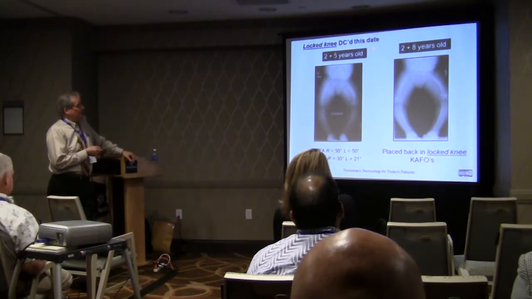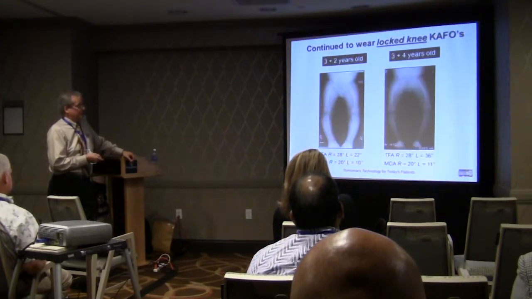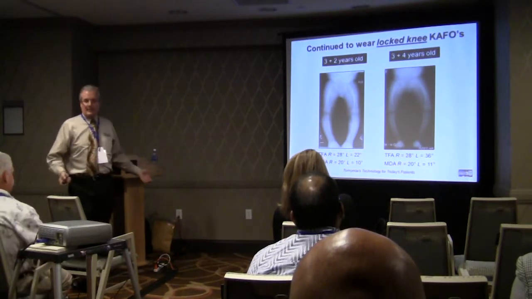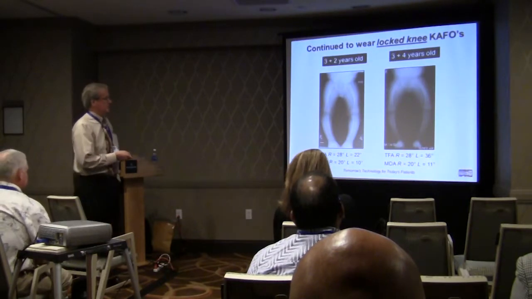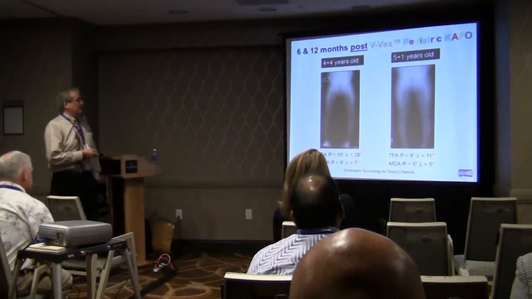Here you can see the lock knee design was actually discontinued, and 3 months later it's placed back in the device because he got progressively worse in those 3 months. It actually improved, but then was followed up again a couple of months later and was regressing again because there were compliance issues with the device.